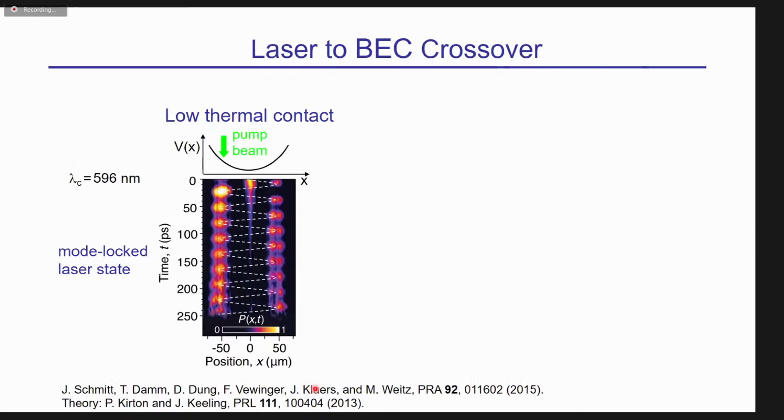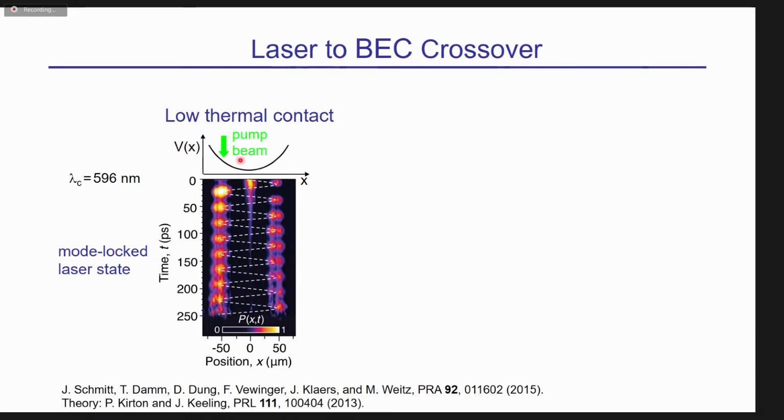Okay, now regarding the relation to a laser, as I told you in general, lasing happens if one has little or no thermalization, which then refers to usual laser theory. We wanted to test the transition between lasing and condensation experimentally.